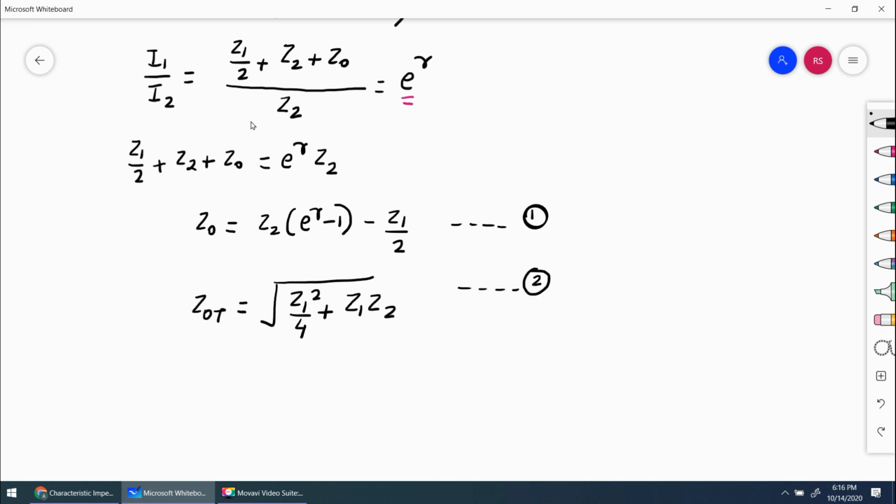Now squaring 1 and 2 and subtracting 2 from 1.